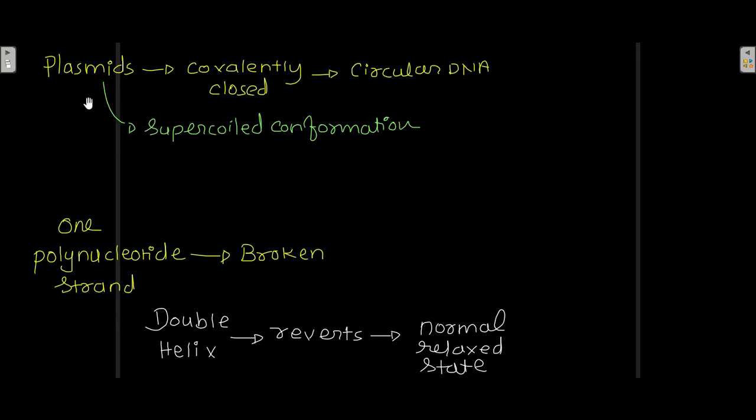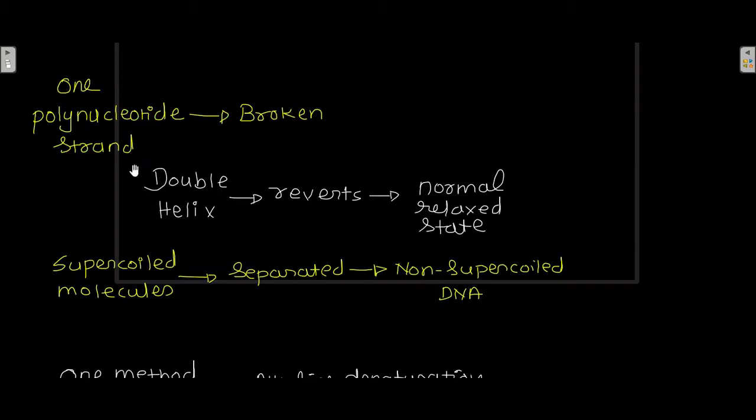Plasmids are covalently closed circular DNA which are present in the supercoiled conformation. Now if one polynucleotide strand is broken, then the double helix reverts to its normal relaxed state, and then the supercoiled molecules can be separated from the non-supercoiled DNA.